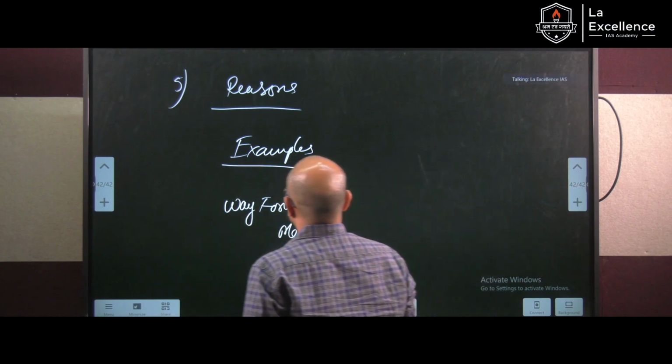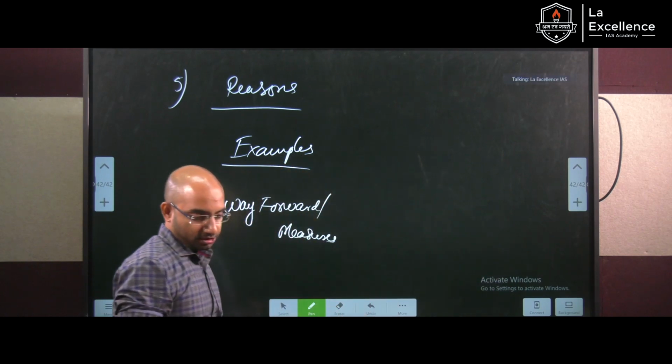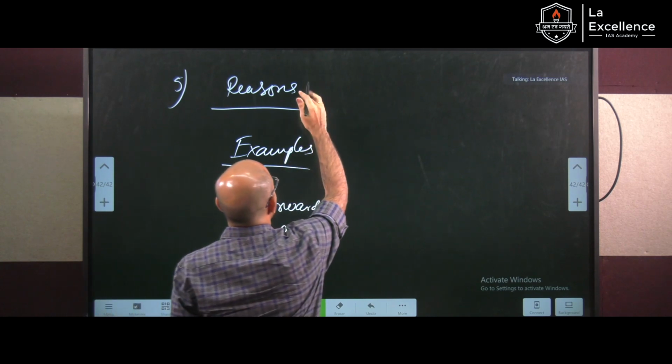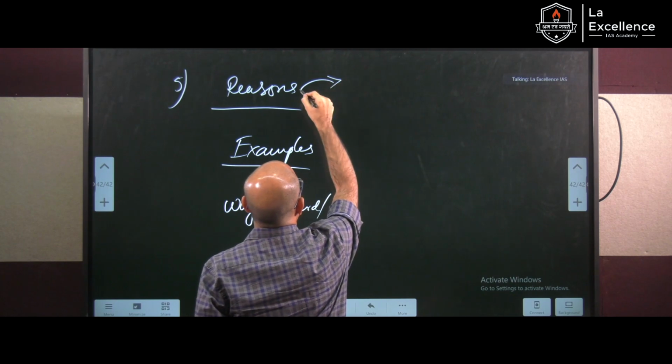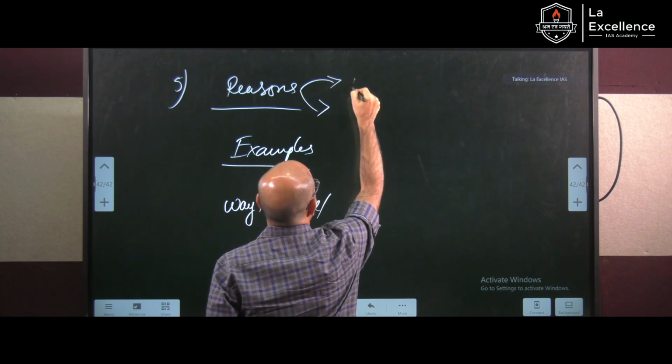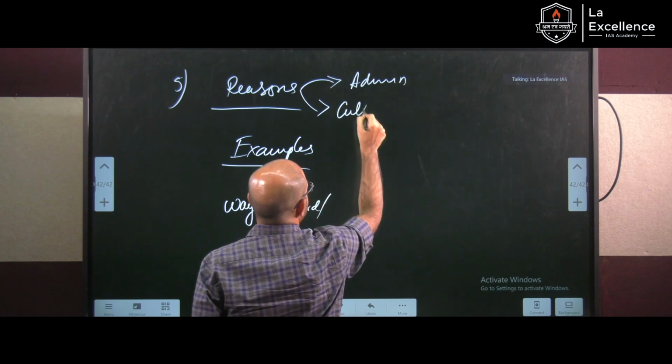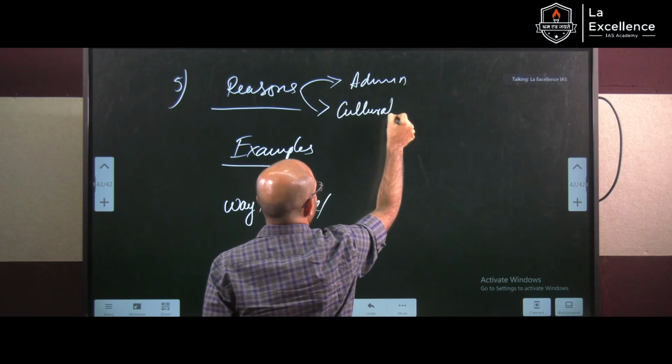And when it comes to reasons for indebtedness, especially discuss how reasons should be of two types. Again, administrative, cultural reasons. Administratively, what are the reasons?